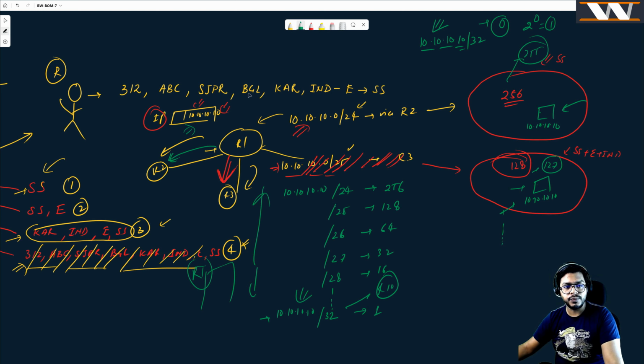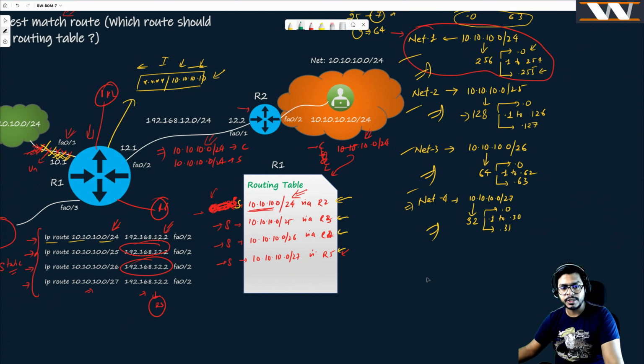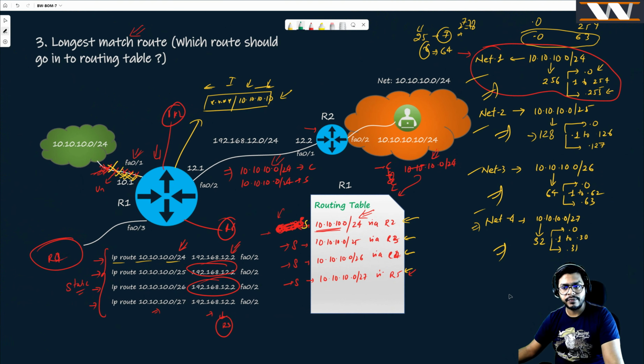So let's move to our board now, the previous board. You can identify right here that if the packet is coming here, then the most specific route is going to be this one, with the highest number of network bits. If the number of bits is more, here it is 27, the hosts are going to be fewer, which is 32. Previously it was 24, so it was 256.